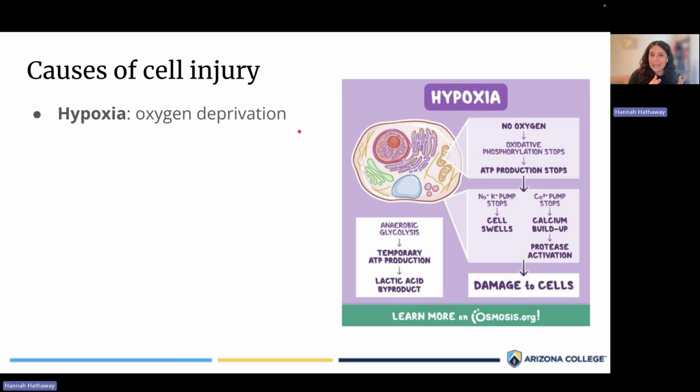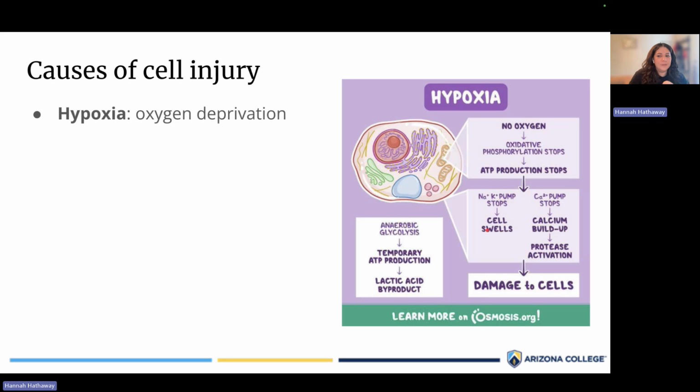Your cells need oxygen. Maybe you remember from biology, I hope you do, that cells need oxygen in order to power aerobic cellular respiration and make ATP. And so if there's no oxygen or low oxygen, that aerobic cellular respiration is going to stop. And then essentially ATP production is going to stop. Cells need ATP to survive, so the cell is going to totally stop working. And then because of that, there are all of these issues that will happen to the cell.